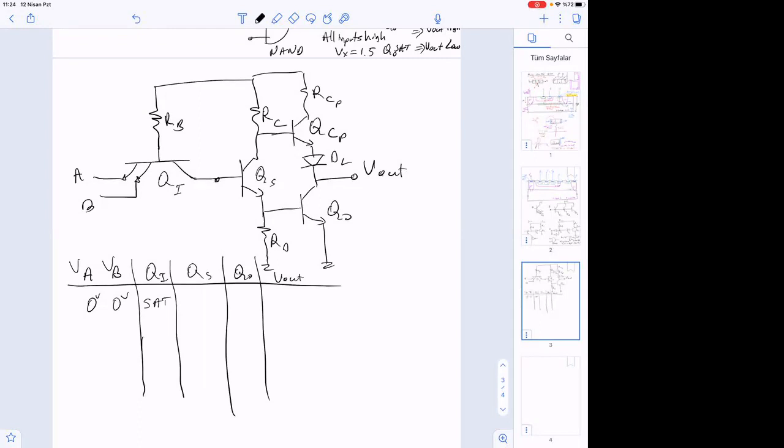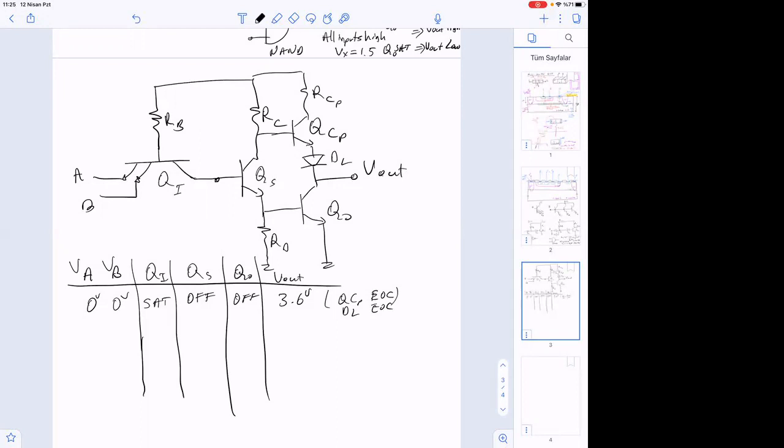Then QS will be off, QO will be off, Vout will be 3.6 volt. Okay, because QCP is what? Edge of SAT, edge of conduction. DL, edge of conduction.